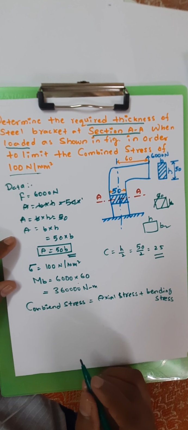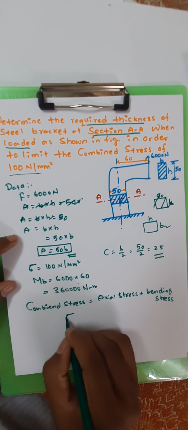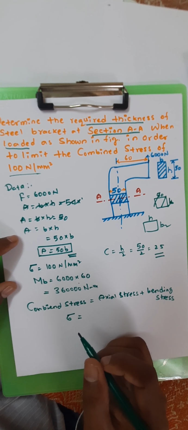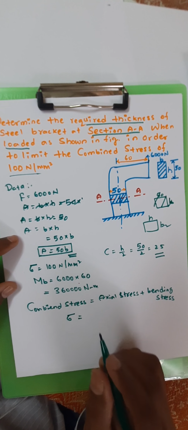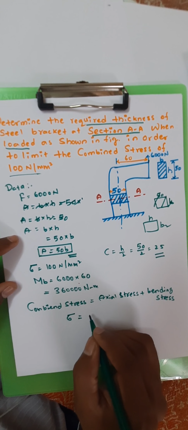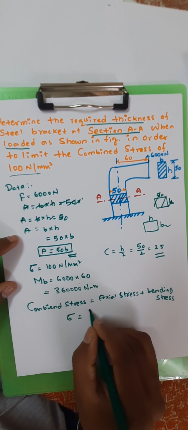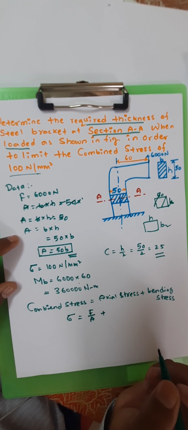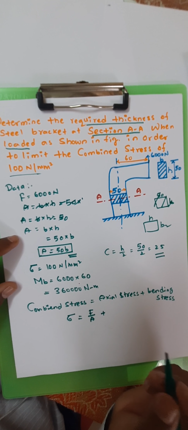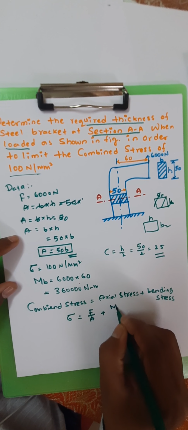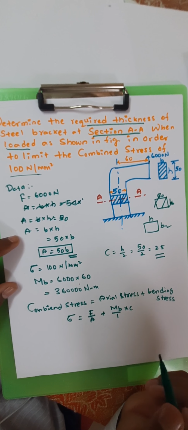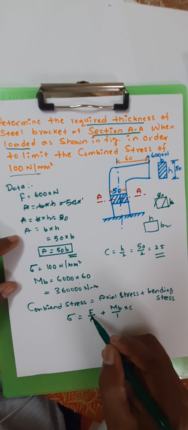The combined stress is sigma, which is given in the problem as 100 Newton per mm square. The formula for the axial stress is F by A, plus the equation used to find the maximum bending stress, which is MB by I into C. Now we know the equation.